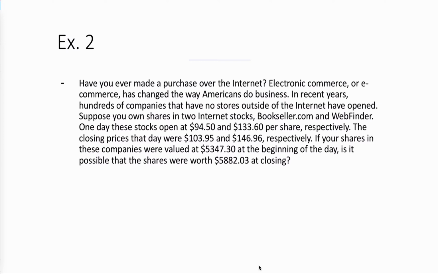So the total amount of money that you have at the beginning of the day is $5,347.30, and that is equal to some B shares of Bookseller, which is $94.50 per share, plus some W shares of WebFinder that are $133.60 per share.